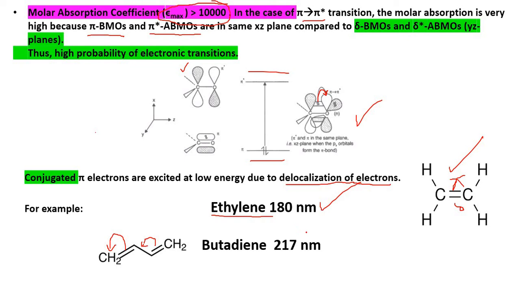So there is a shift of about 37 nanometer just because of the conjugation. If we get an extended conjugation, the molecule will start absorbing in the UV region, and your UV spectra will show a very intense peak of pi to pi star transition.